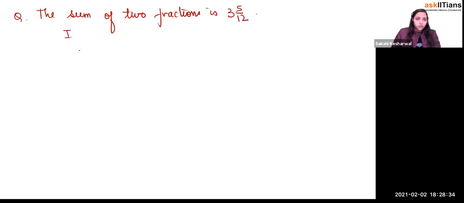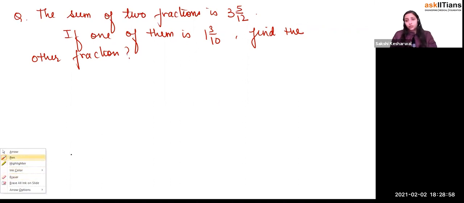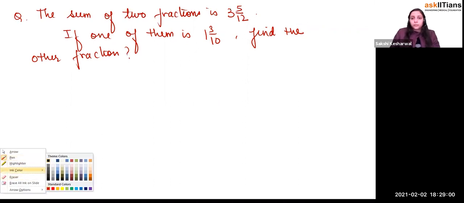If one of them is 1 whole 3 by 10, find the other fraction, right? So out of these two, it means what? You have to subtract it to get the answer.